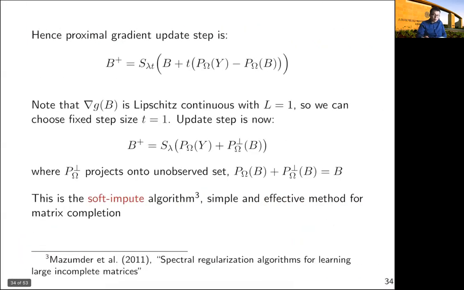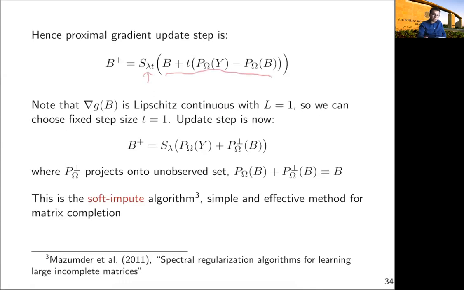So the final proximal gradient update steps for solving the matrix completion problem would be to first move in the gradient direction a little bit, and then compute the SVD, shrink the singular values, and then reconstruct the matrix.